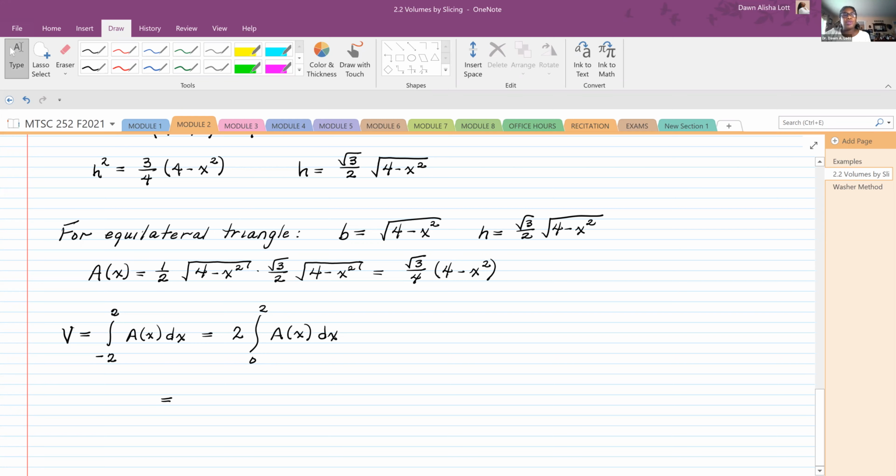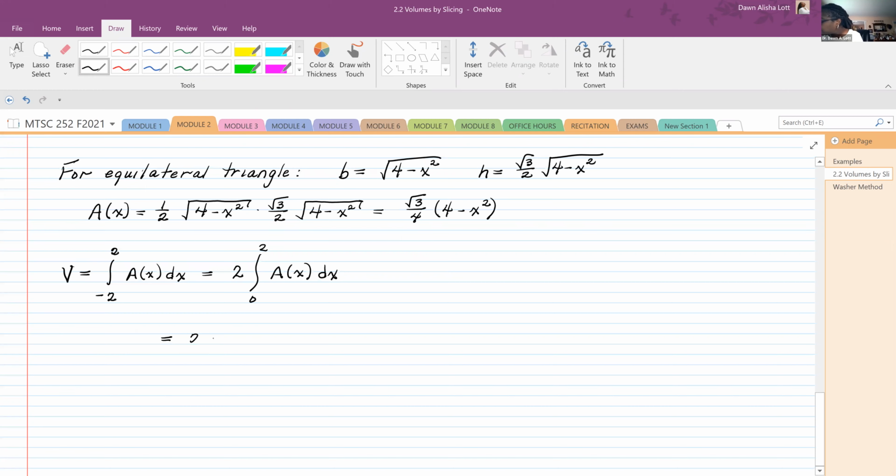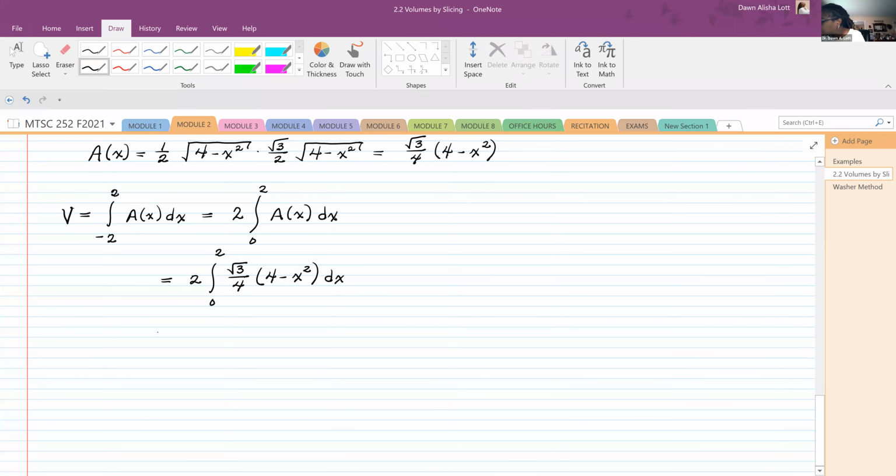But then that becomes 2 times the integral from 0 to 2 of the root of 3 over 4 times 4 minus x squared dx. So this is now the square root of 3 over 2, the integral from 0 to 2 of 4 minus x squared dx.